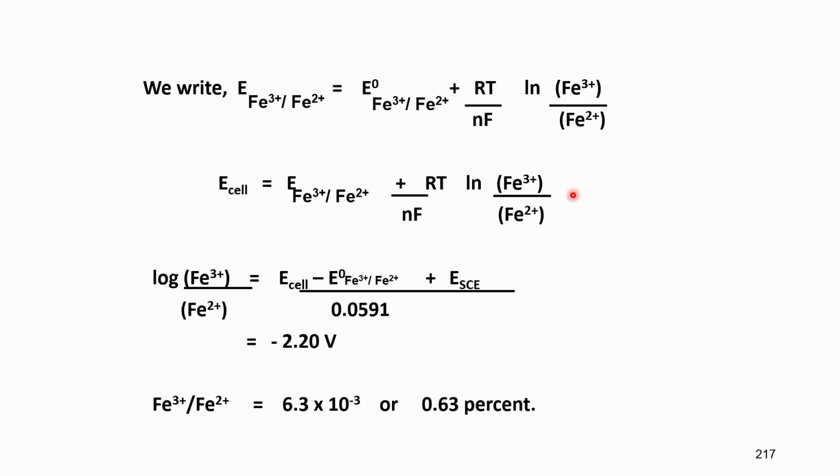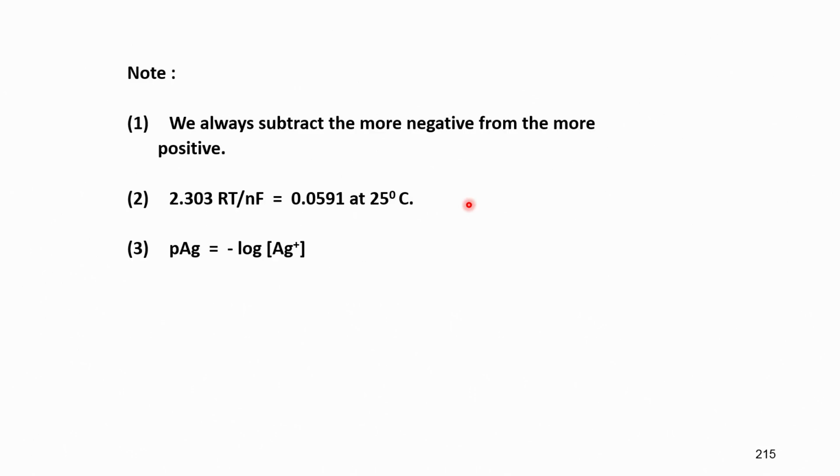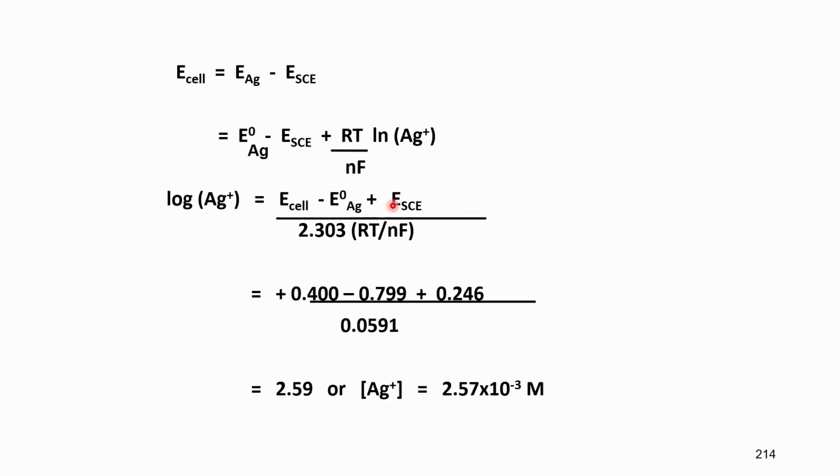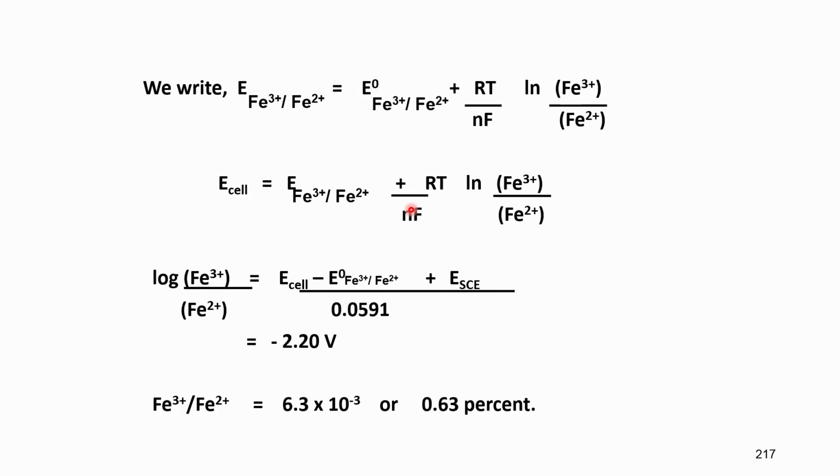ESCE, because I am connecting the E cell. Remember, here also we had done a similar exercise, ESCE, when I transfer it becomes plus. Okay. So, same thing happens here. So, log of Fe3 by Fe2 is equal to E cell minus this thing, put the values, and what I got is 2.20 volts.